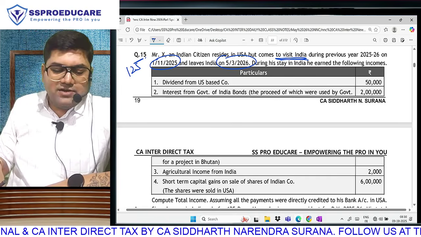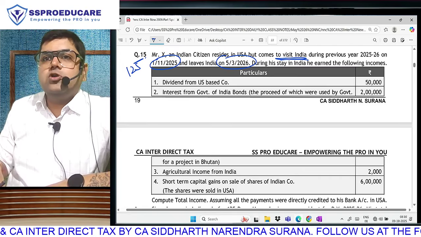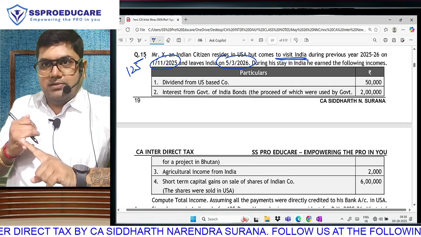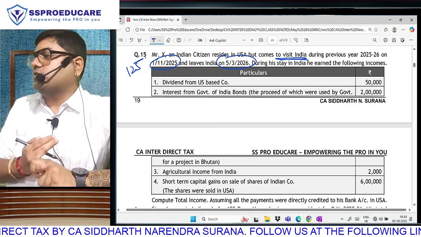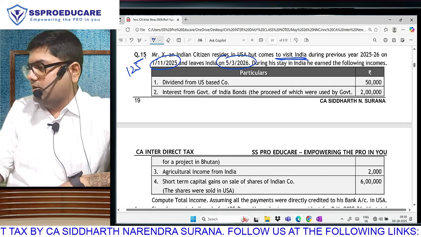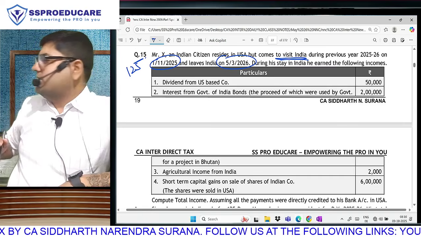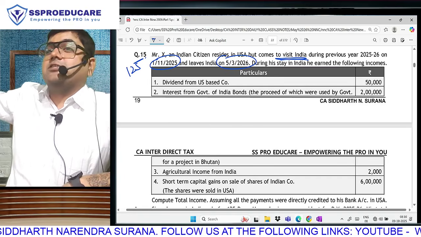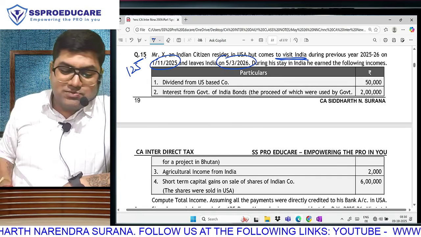But then of course, in that we don't have to take all your incomes. We have to take only which incomes? Indian incomes and income from foreign sources if they have been controlled from India. To be very honest, even if you take total, it is not exceeding 15 lakh. But let's be clear, for the 15 lakh limit which incomes you will include?